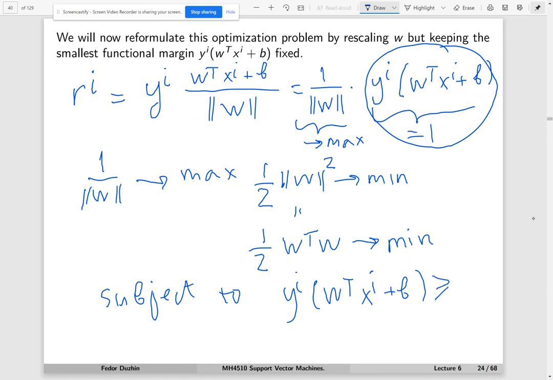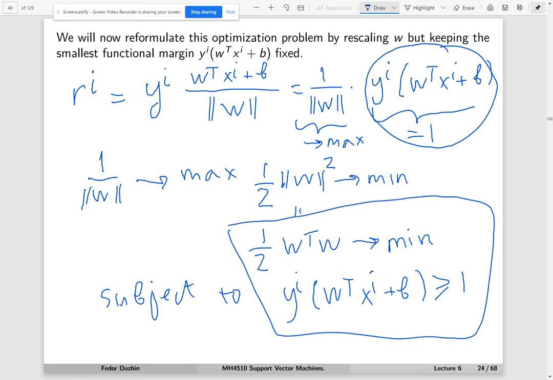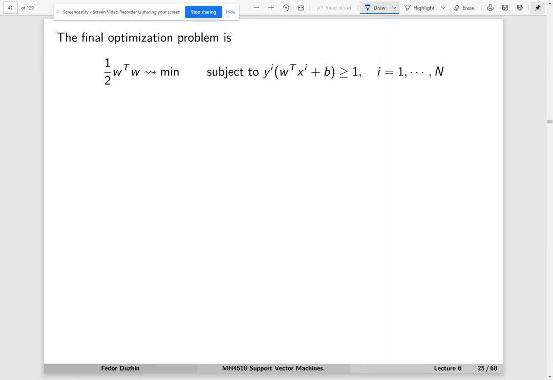So I am going to write bigger than or equal to 1. And this is the final standard quadratic optimization problem for support vectors. Now we call it the maximal margin classifier, but in the next part we will see that later it's going to be called support vector classifier. So this is the final optimization problem.